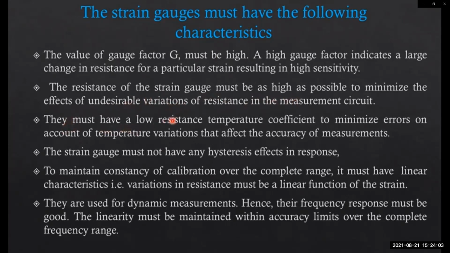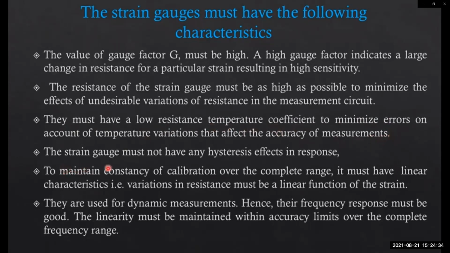They must have a low resistance temperature coefficient to minimize error on account of temperature variation that affects the accuracy of measurement. So the temperature coefficient should be very good, because if the temperature in our environment changes rapidly, it is going to affect the accuracy of our strain gauge, right? So that's why we must have a low resistance temperature coefficient.